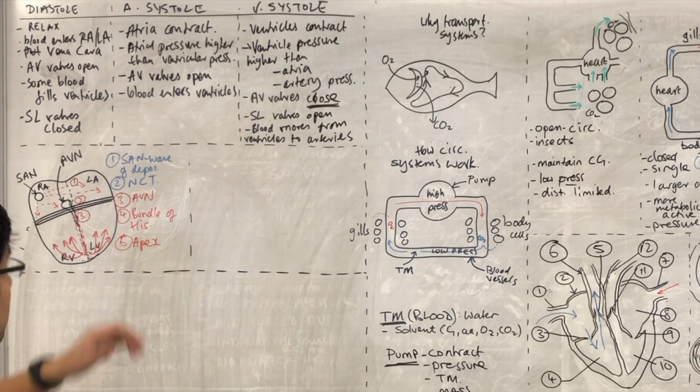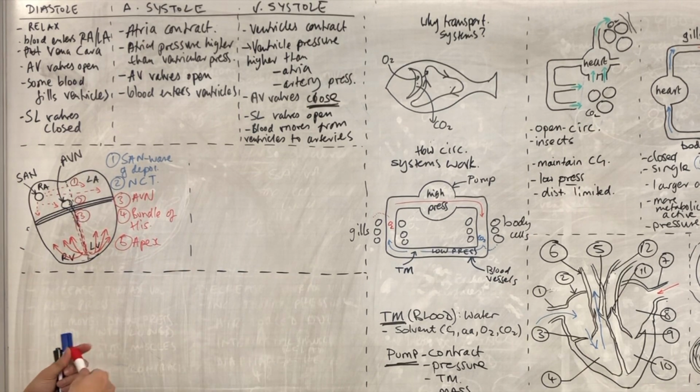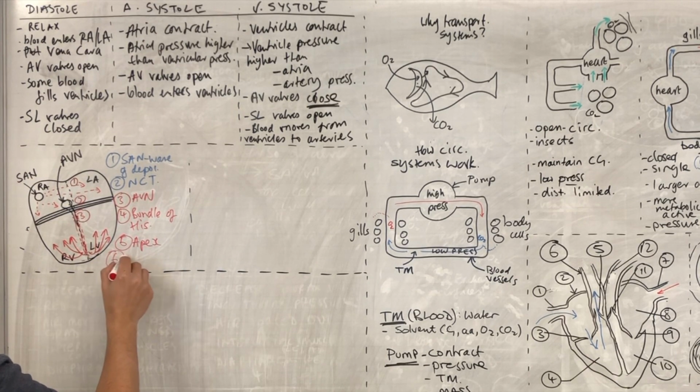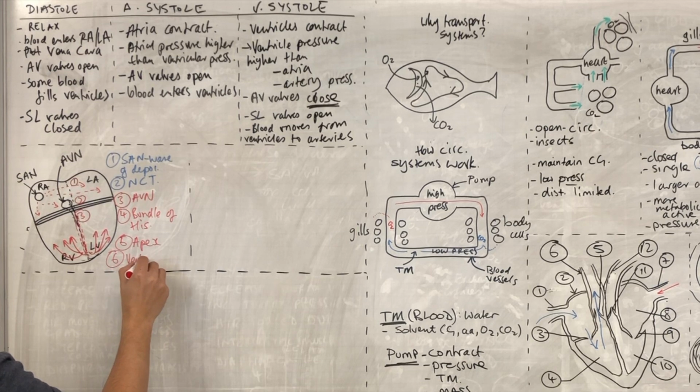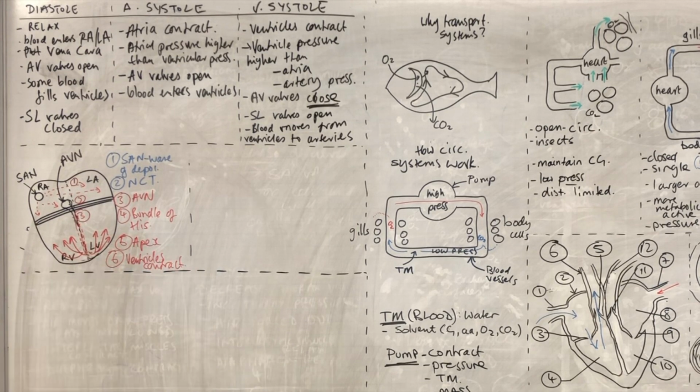Okay, so once we get to the apex, then the ventricles contract. So that would be 6. Ventricles contract. Okay, so the key thing there is, why do the ventricles contract after the atria?